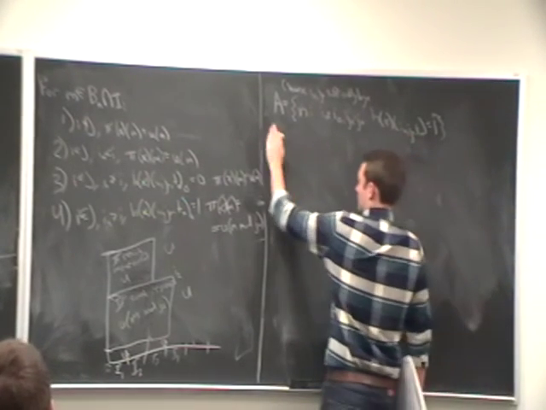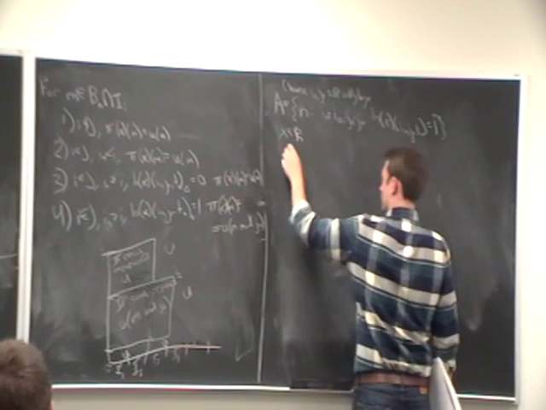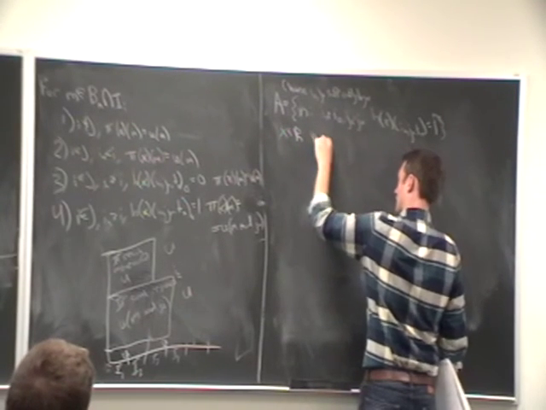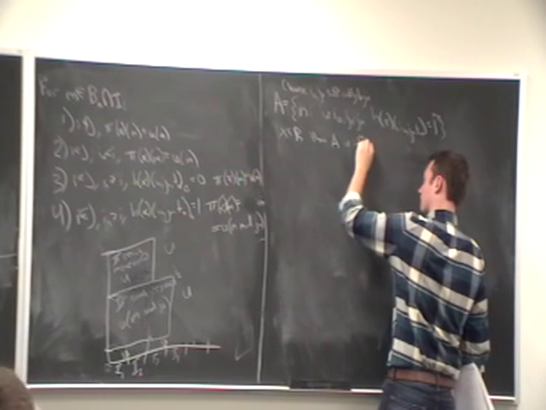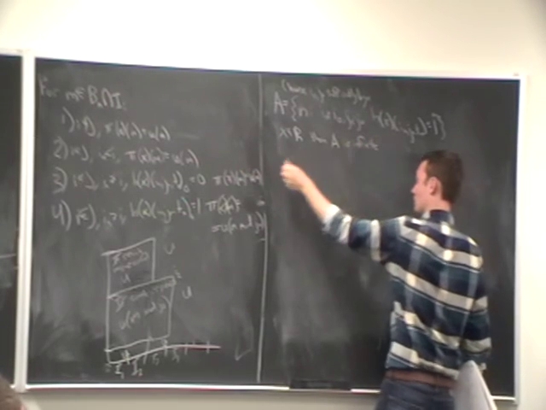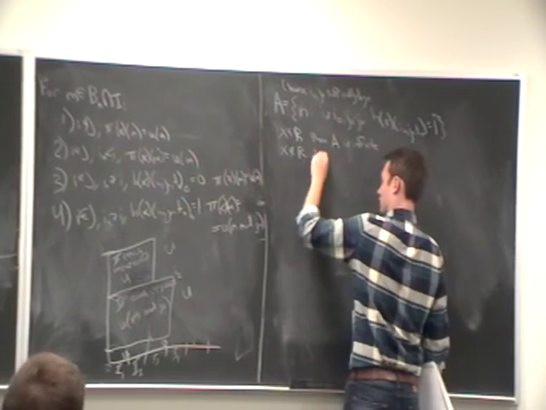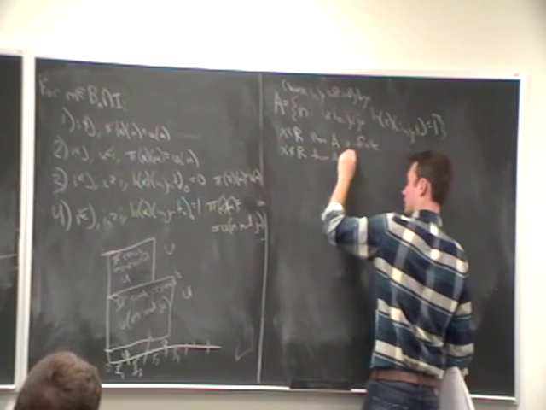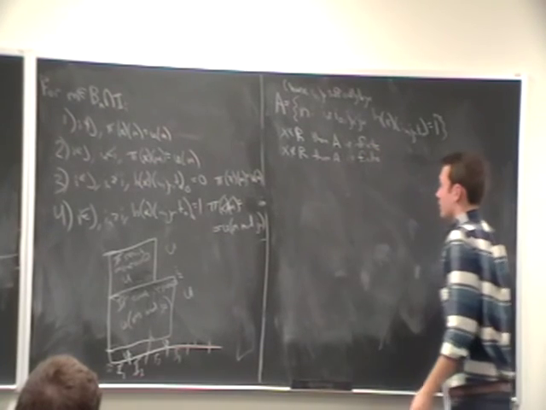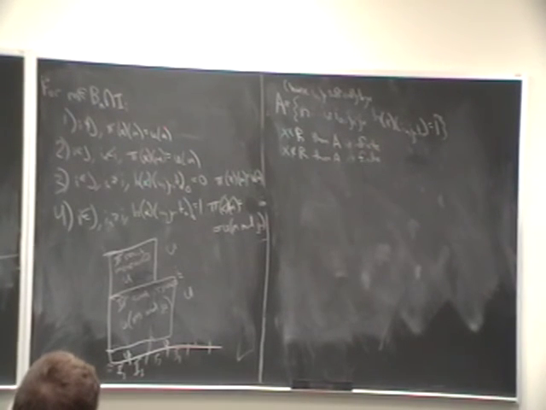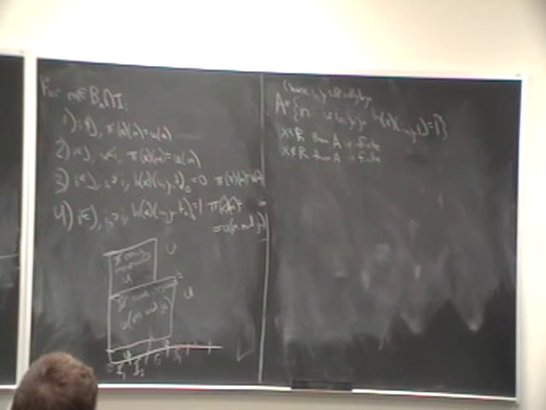Then the key property is that if x is in our set R, which is Pi^0_4 complete, then A is infinite. If x is not in R, then A is finite. So if x is not in R, we're going to have to keep increasing this j_n if we want to have successful searches.